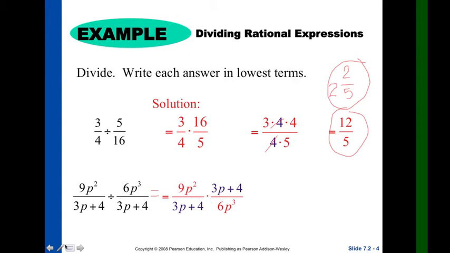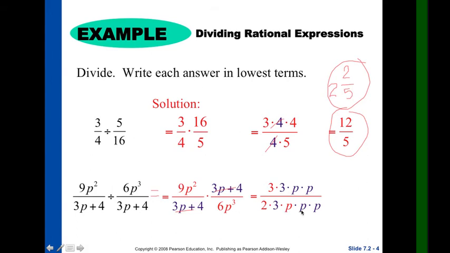So, at this point, pwede na tayong mag-cancel ng 3p plus 4 and 3p plus 4 at matitira na lang is 9p squared and 6p cubed. But, yung 9p squared, pwede pa siyang maging 3 times 3 times p squared all over yung 6 magiging 2 times 3, and then p cubed.